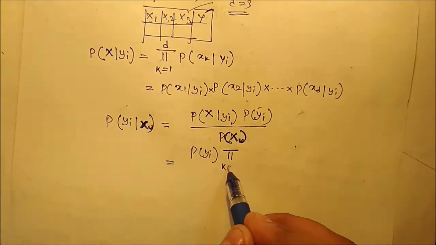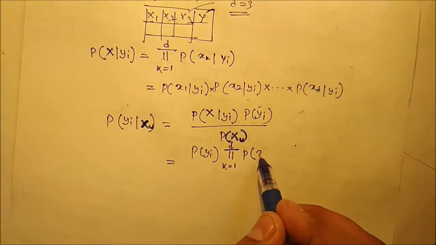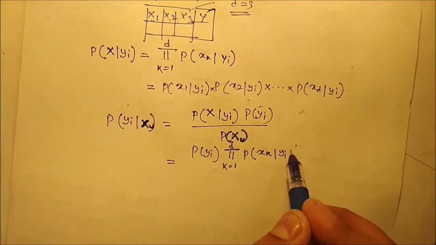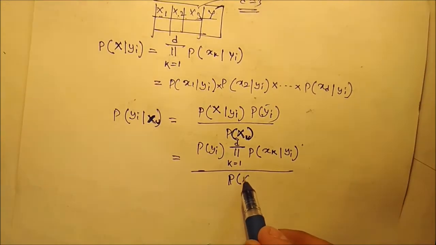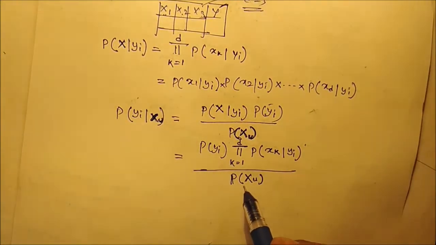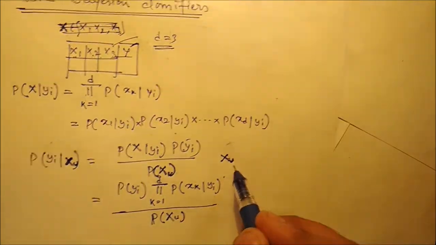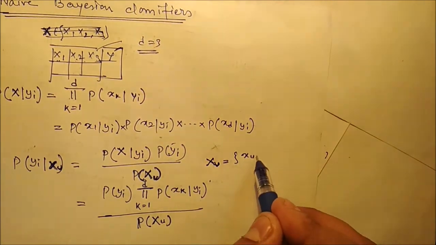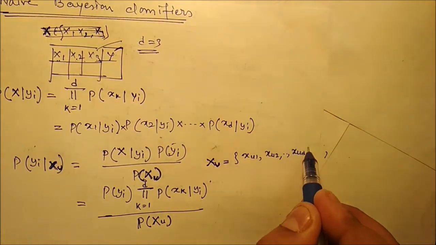Divided by the probability of xu. Here, d dimensions are there, so xu1, xu2 to xud.